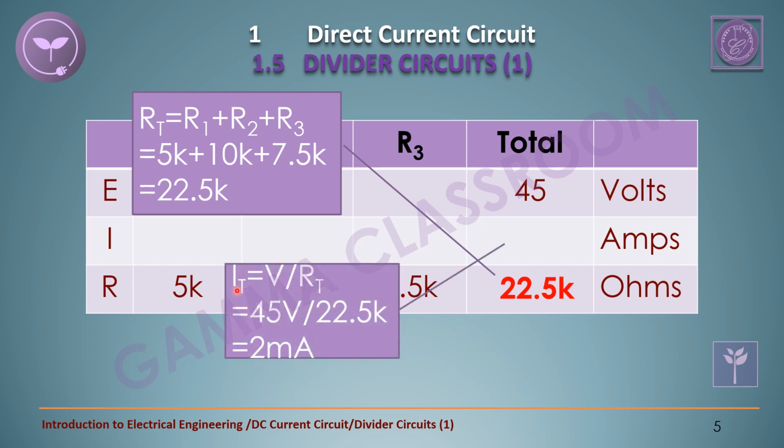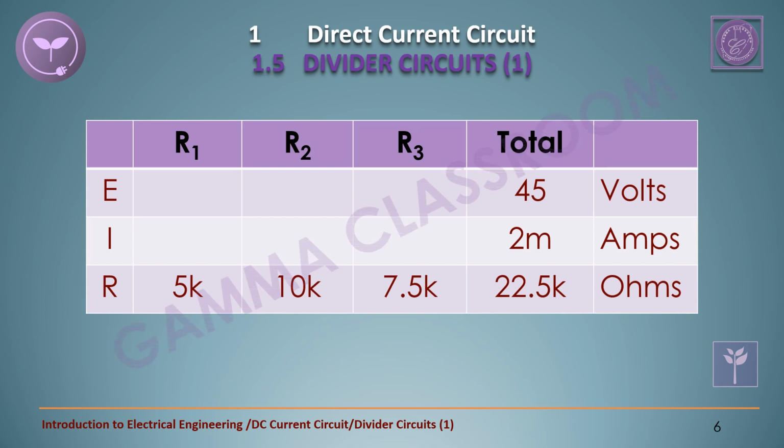The current is equal to voltage divided by resistor. We know 45 is the battery voltage and the total resistor is 22.5 kilo ohm. We can get 2 milliamp for the current. Now we get the total current is 2 milliamp.